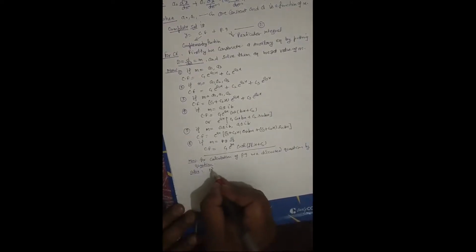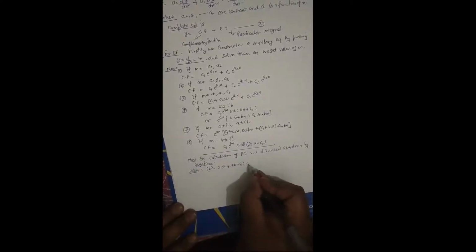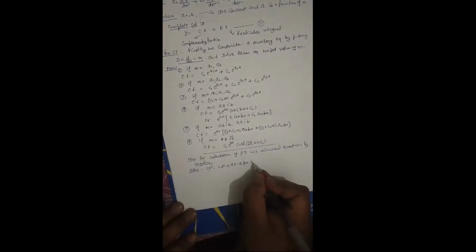Now solve the problem. The problem is D^3 minus 2D^2 plus 4D minus 8 equal to 8.